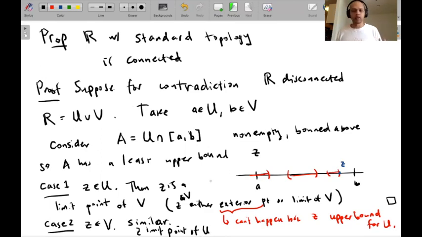Okay, and so in either case, this is showing you can't write R as the union of two open, non-empty disjoint sets. Whenever you have a union like this, one of them is not going to be open. All right.